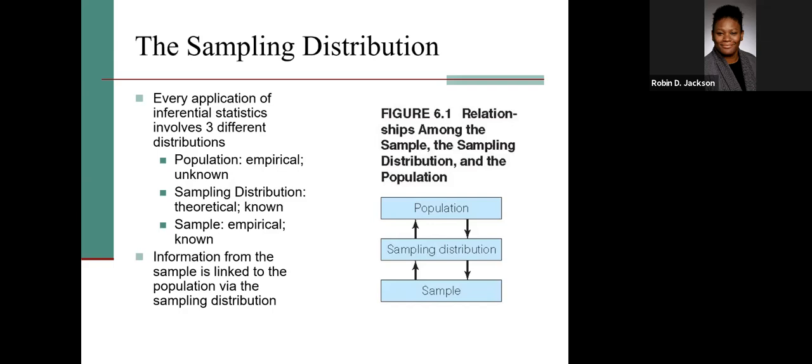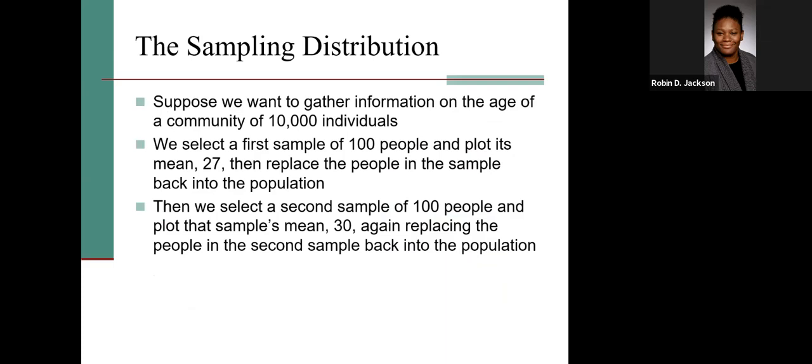The population distribution is linked to the sample distribution, and it's done through the sampling distribution. My apologies, I just wanted to make sure I said that correctly and didn't say sample distribution twice.